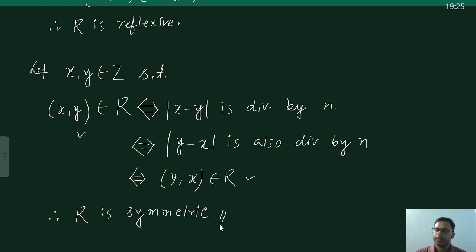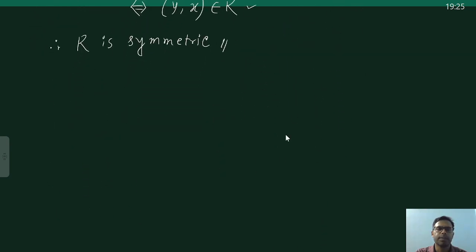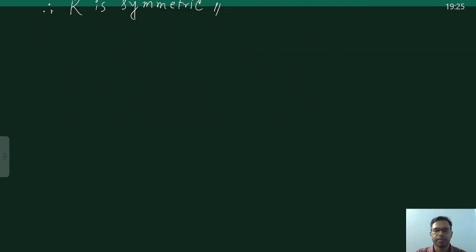The second part is completed. Now test this for the transitive relation. For the transitive part, we check, and for that you need three elements.